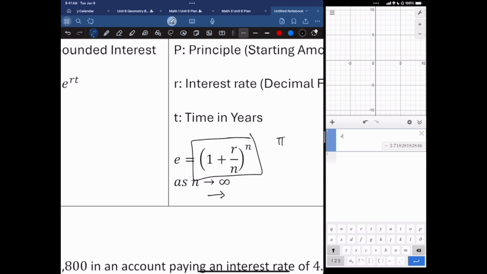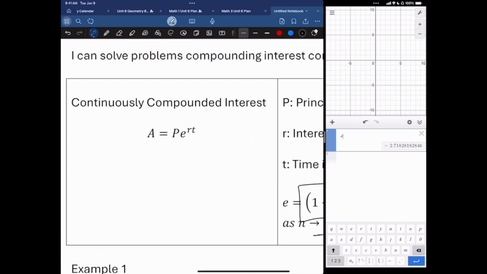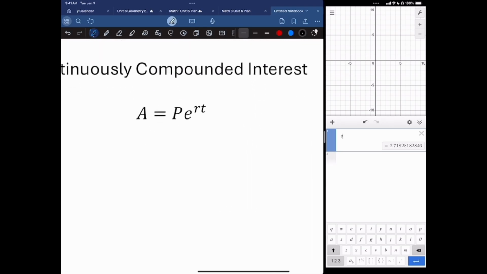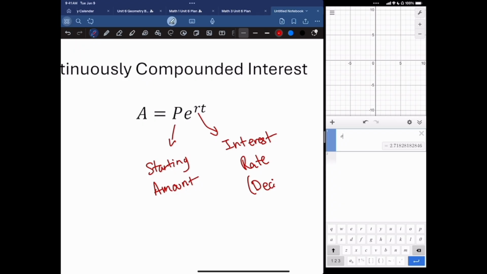For the purposes of this lesson, you just need to know this formula here, where P is my starting amount, R is my interest rate, and we use decimals.